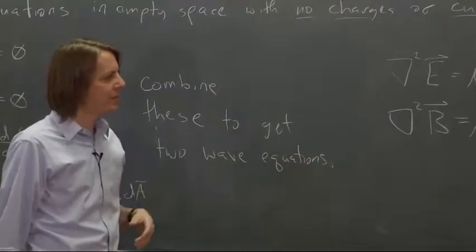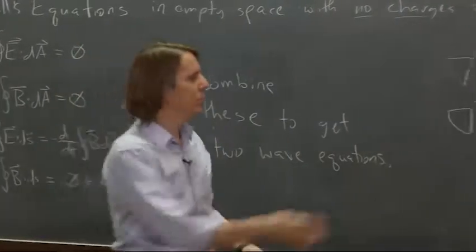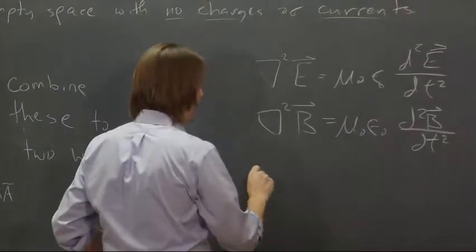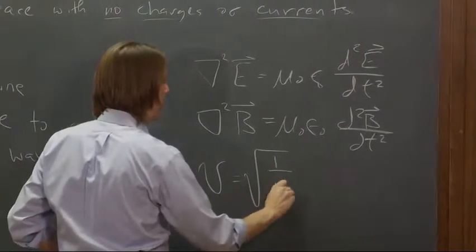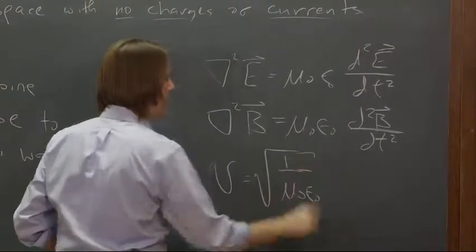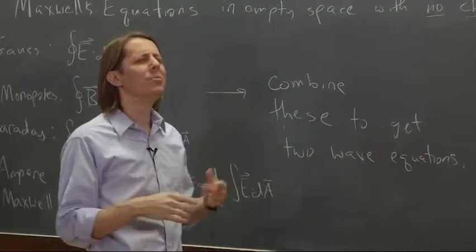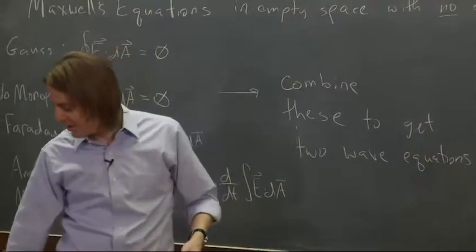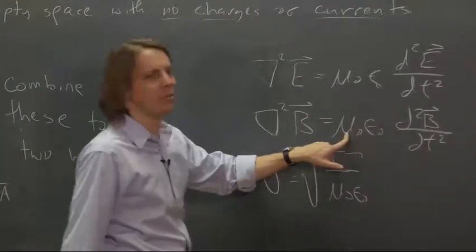So Maxwell did that, and he said, that's interesting. He said, well, how fast would this wave go? Well, we know it's 1 over that squared. We know that this wave speed is the square root of 1 over mu naught epsilon naught. And he thought, I wonder if anybody's seen a wave like that before. So in his head, he thinks, well, mu naught's about this and epsilon naught's about that. Those are known constants of the universe, the permittivity of free space, the permeability of free space.